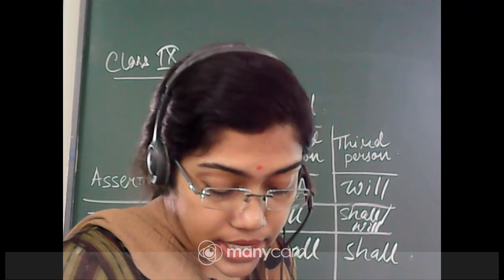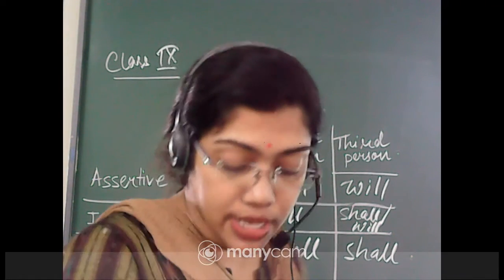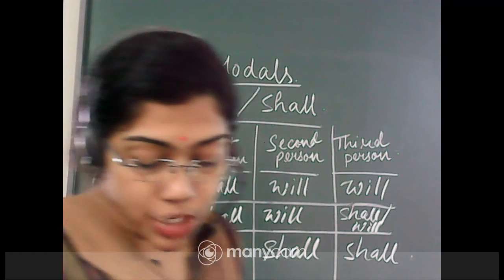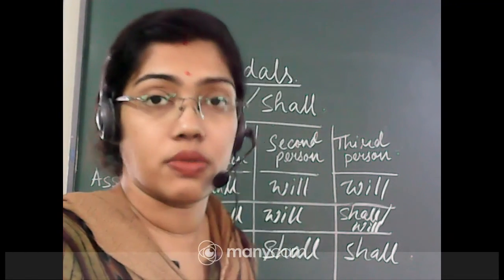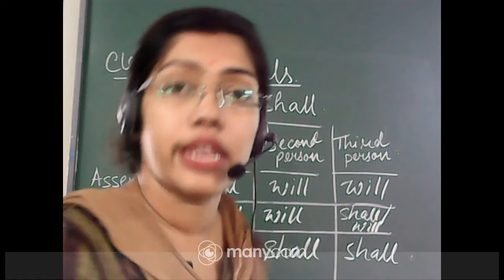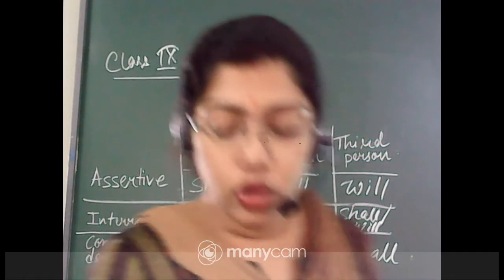Number 8, I dash appear in the IAS examination next year. I will. I will means I am determined. Number 9, I dash not go to Delhi now. I will not go to Delhi now because Corona is too much there. So I am determined not to go there.